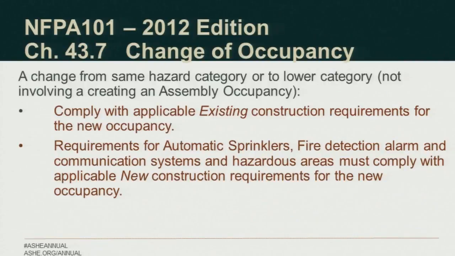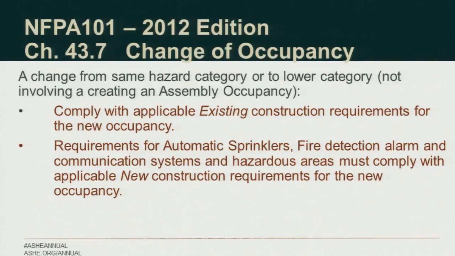So basically it says if you go between two occupancies of the same category, or you go to a lower one, you just have to comply with the existing chapter requirements for the applicable occupancy.